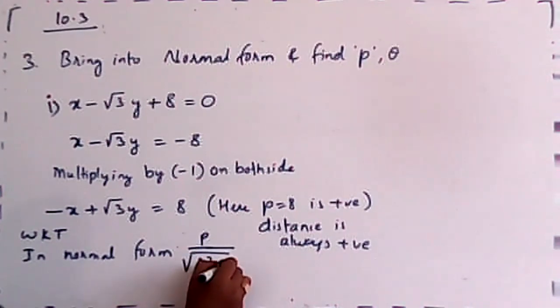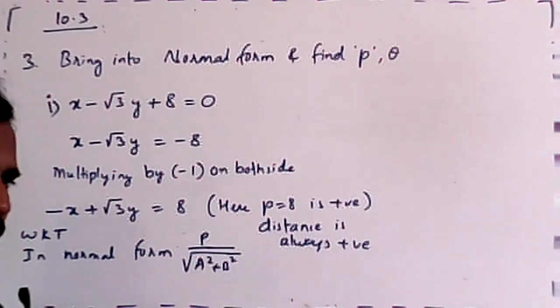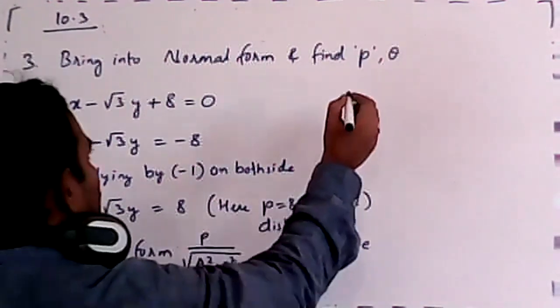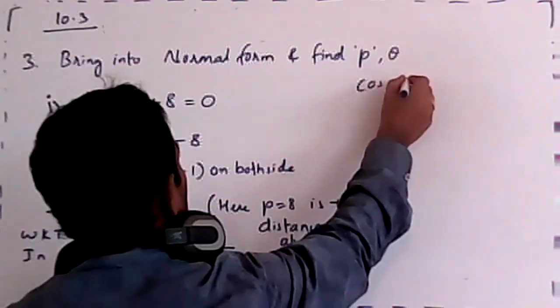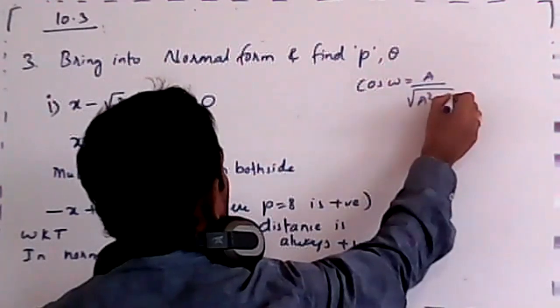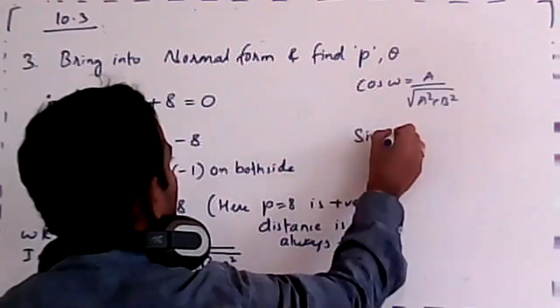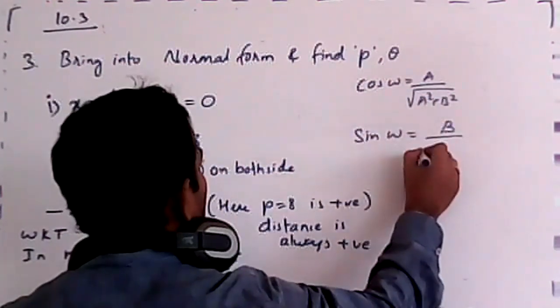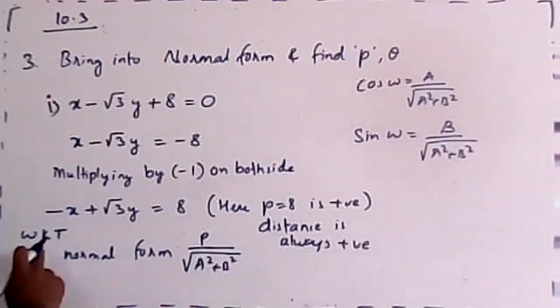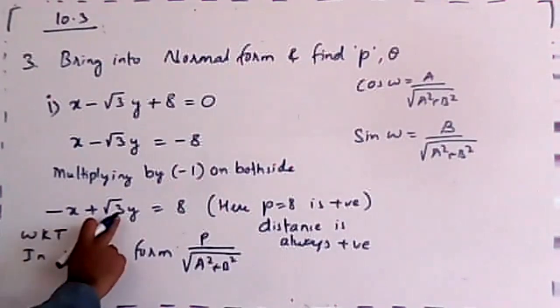Remembering now? Similarly, cos omega is equal to a by root of a square plus b square. Sin omega is equal to b by root of a square plus b square. A is minus 1 here. B is root 3 here.